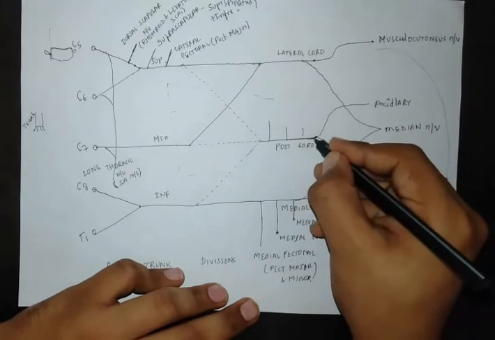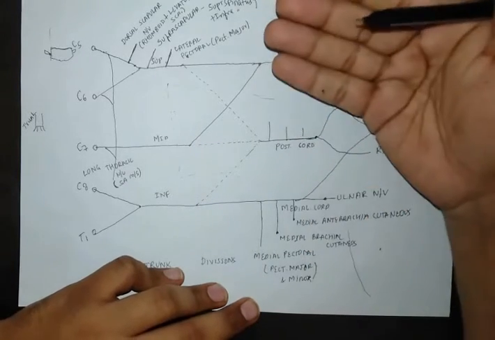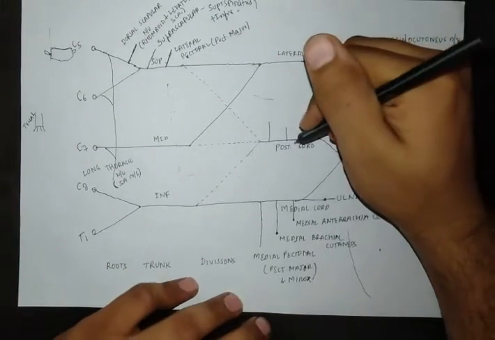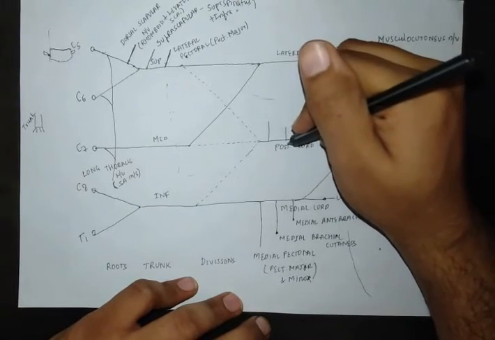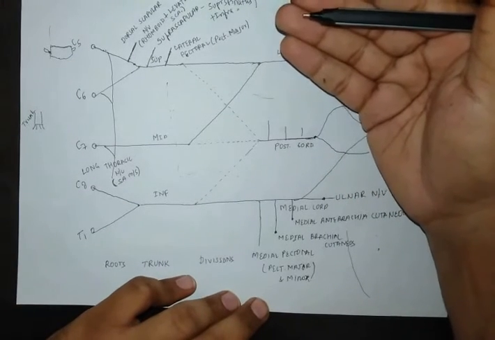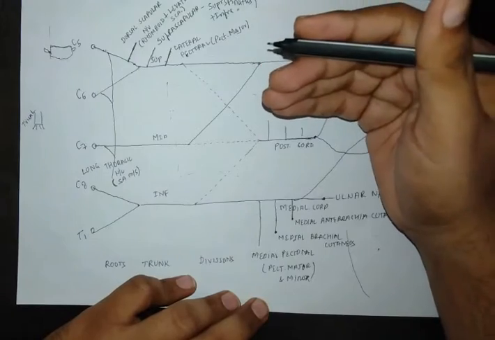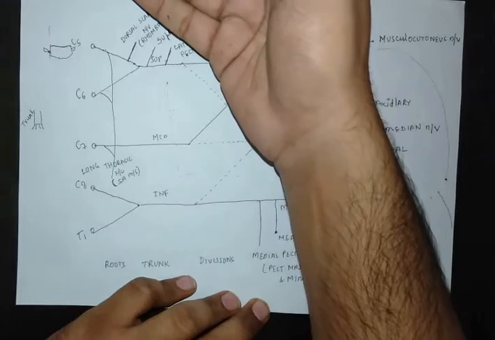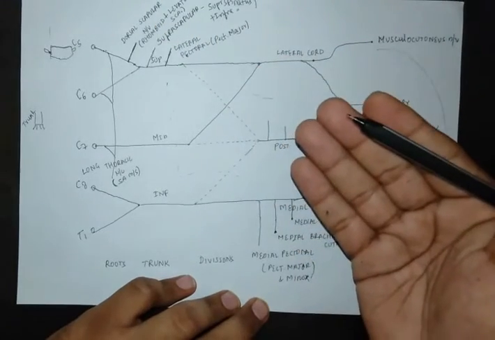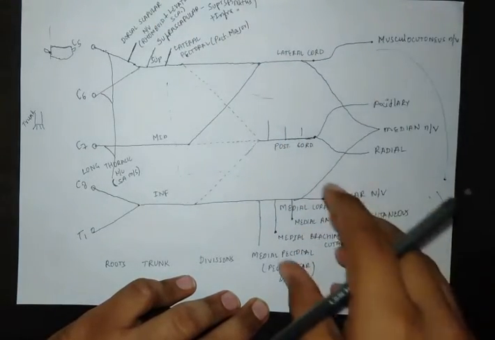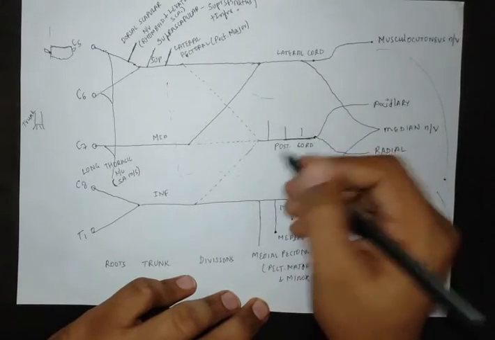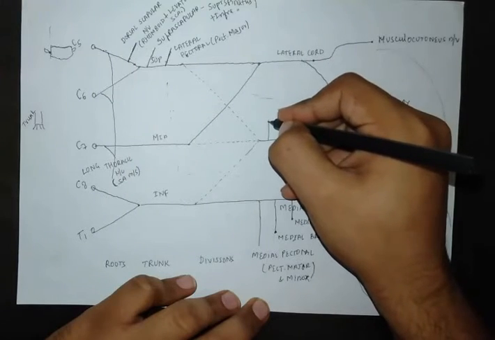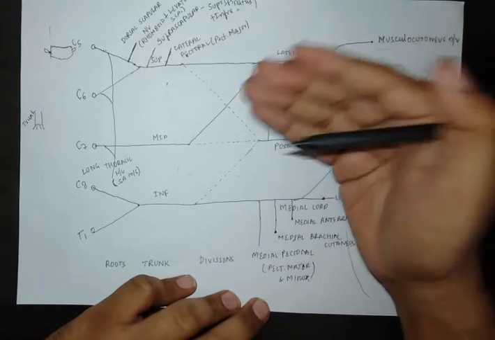Imagine, since the brachial plexus is coming anteriorly, this posterior cord will be nearer to the anterior surface of the scapula. Just imagine, from higher up in the neck it is coming, having supplied the dorsal side of the scapula. Now the anterior side of the scapula is remaining. So this posterior cord supplies the anterior side of the scapula, which you can also call the subscapular region.